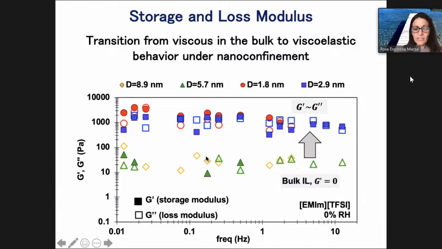But when we confine the ionic liquid, for example, to 1.8 nanometers in red, we see the storage modulus and the loss modulus become of the same order of magnitude. That means that confinement leads to a transition from a viscous behavior to a viscoelastic behavior. So we have films that have both elastic and viscous properties.